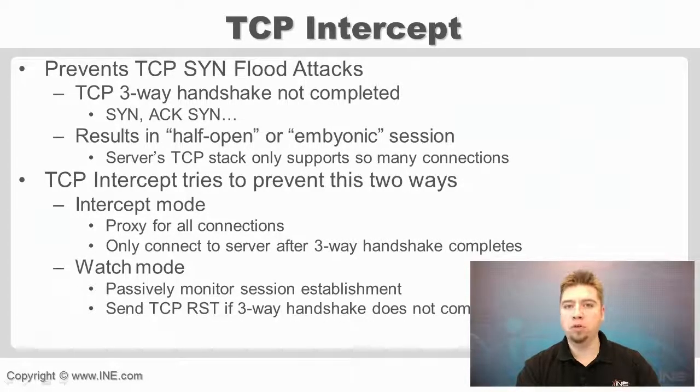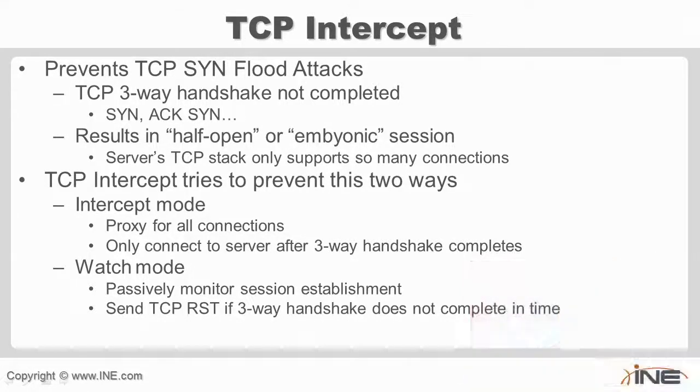It's just moving the problem from the server onto the router. So we don't want the router inline for the traffic. We just want it to monitor the traffic flow, which is going to be the watch mode. And we'll see that this is the one that is applied in CBAC and in the zone-based policy firewall. But in the case of the original implementation of this, TCP Intercept, we could apply them either way, under either the intercept mode or the watch mode.